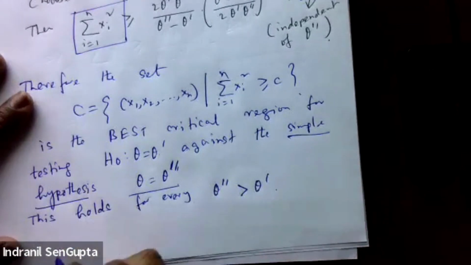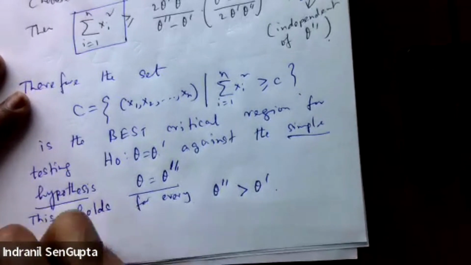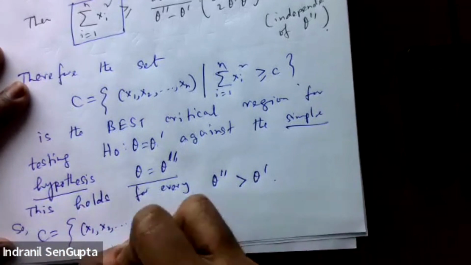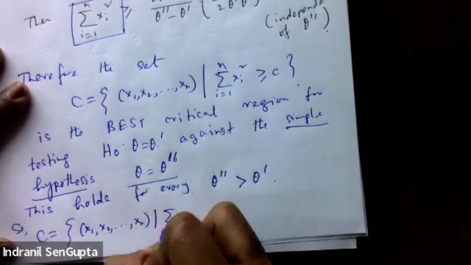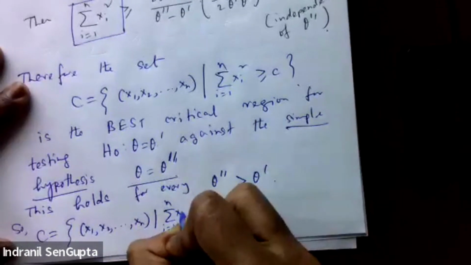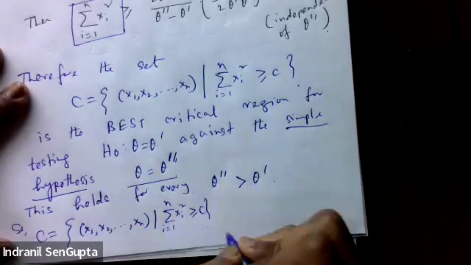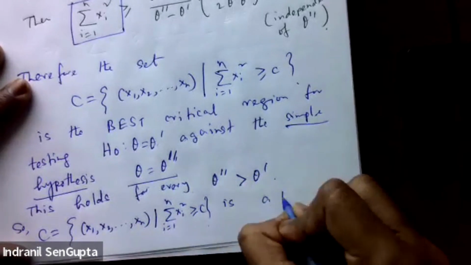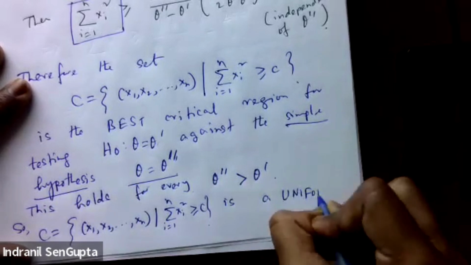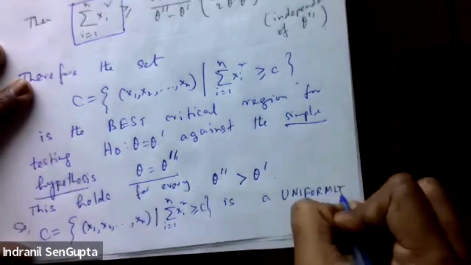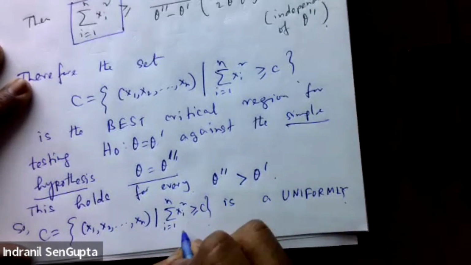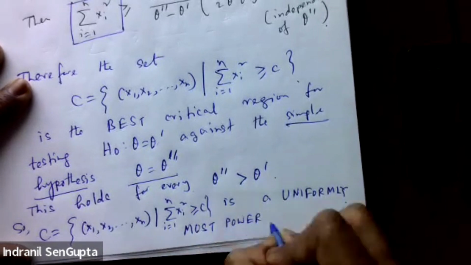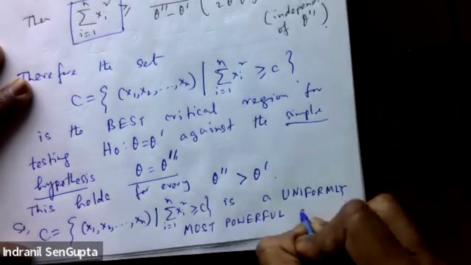Okay, so C, which we wrote before, x1, x2, ..., xn such that the summation i from 1 to n of xi squared is bigger than C, is the uniformly most powerful critical region.